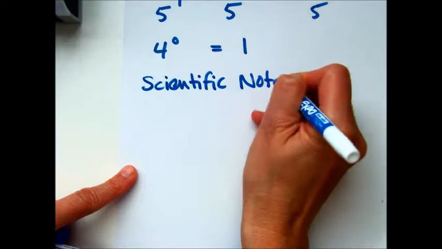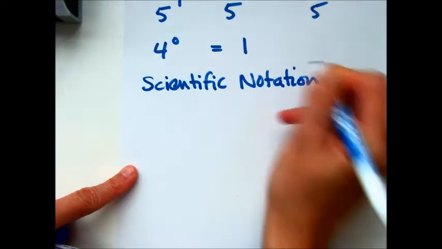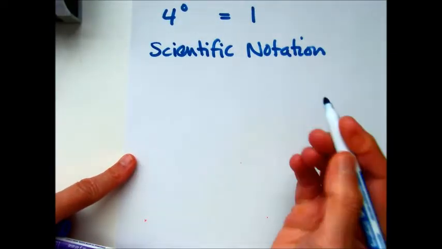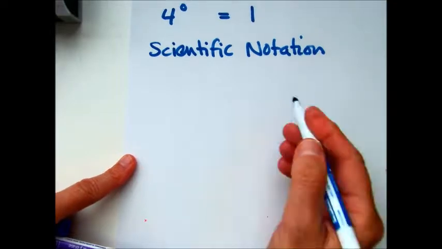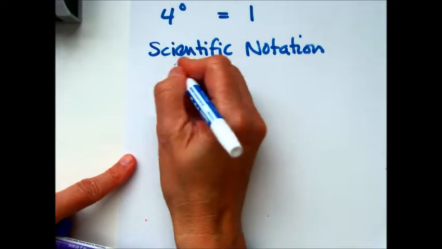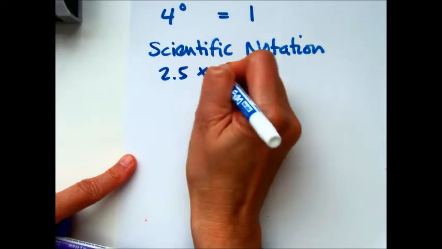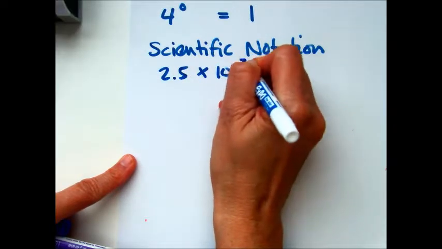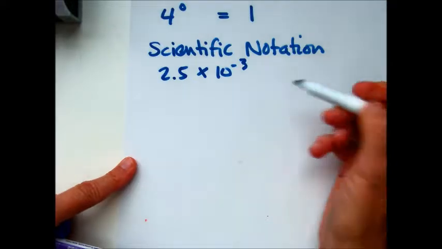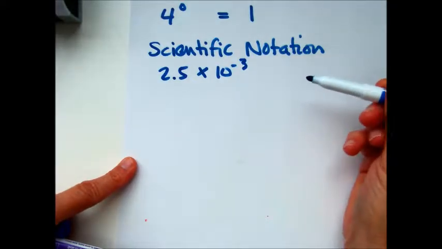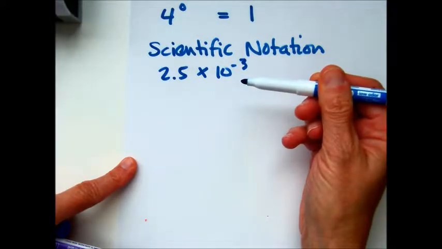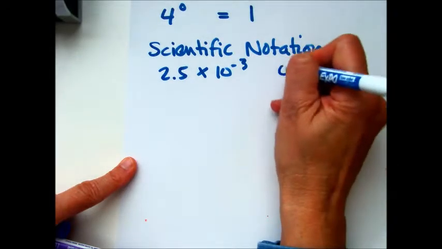But let me just give you an example of what that might look like. And you might already know this, so it might be familiar when I write it down here. So let's say I have 2.5 times 10 to the negative 3. What that means is we're going to move the decimal to the left 3 places. So we're going to have 0.00225.